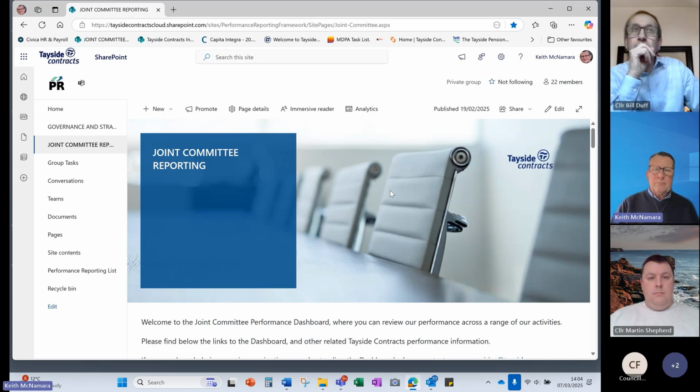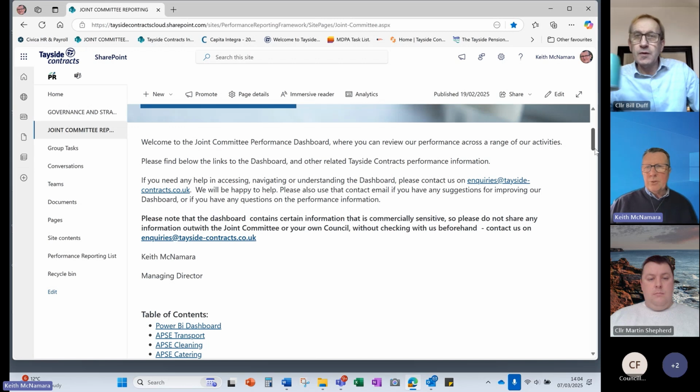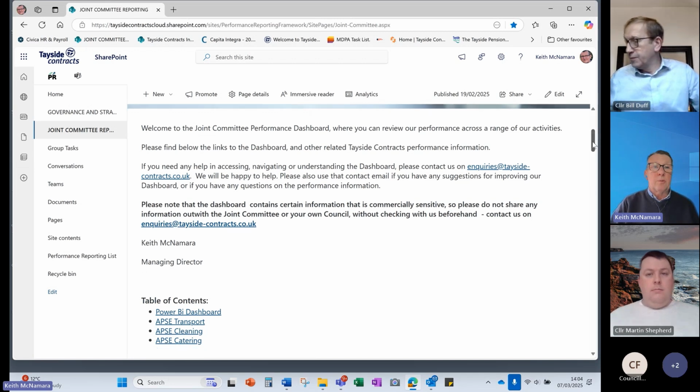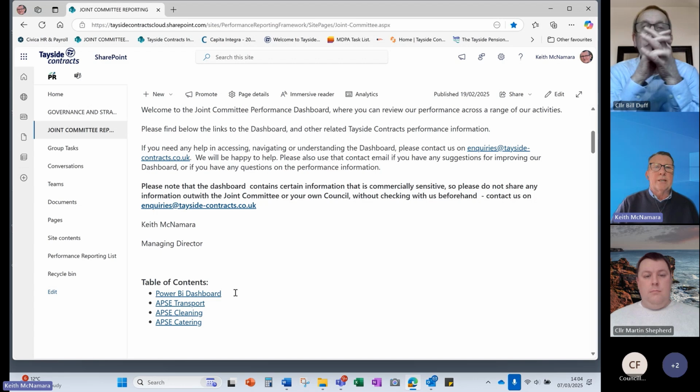And we will also send the links out to joint committee members. Now, I know there have been some challenges in terms of accessing the dashboard, and we're working through these. I think there are technological issues between the Tayside Contracts connection and the council connection.